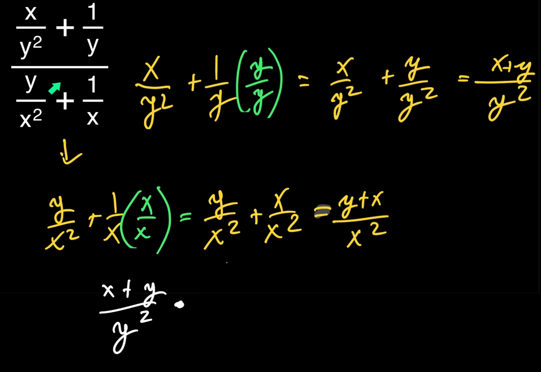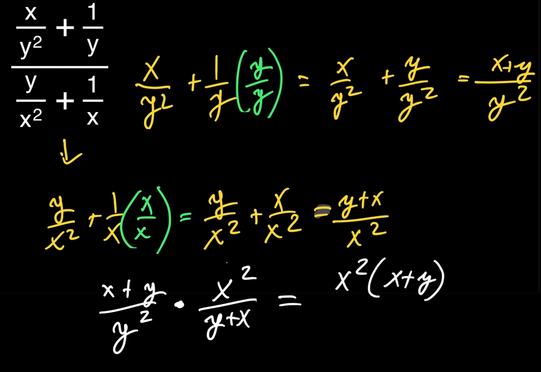So I'm going to multiply it by this, but flipped: x squared over y plus x. Then when I multiply, I'll have x squared times x plus y. I'm not going to do distributive property. In the bottom, I'll have y squared times y plus x.